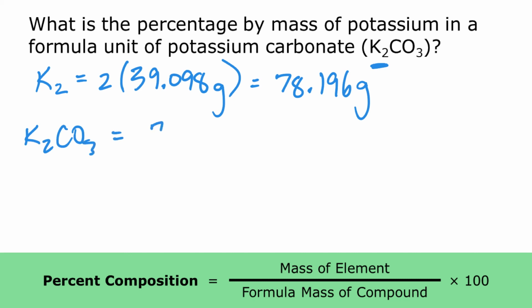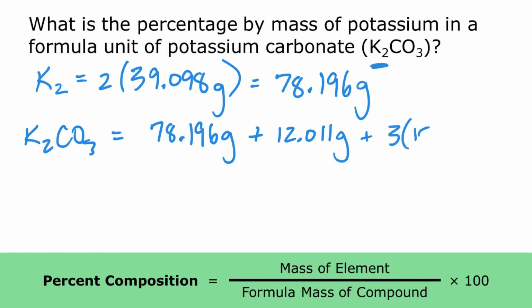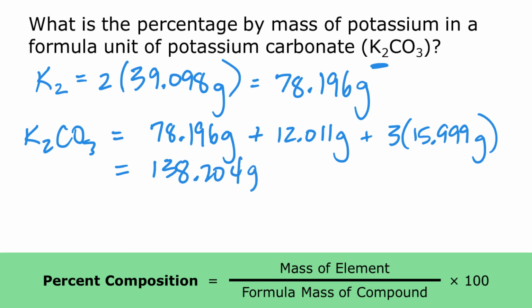I already know that potassium, both of them together, is 78.196. I've got one carbon, so I'll add just the atomic mass of carbon, and I have 3 oxygen, so I'll multiply oxygen's atomic mass by 3, and that gives me a formula mass of 138.204 grams.